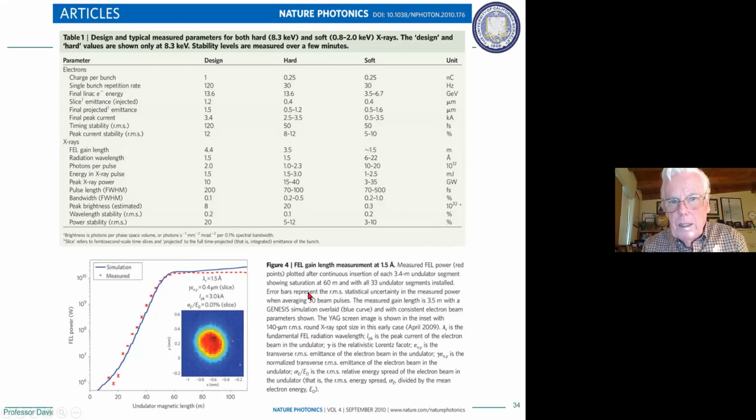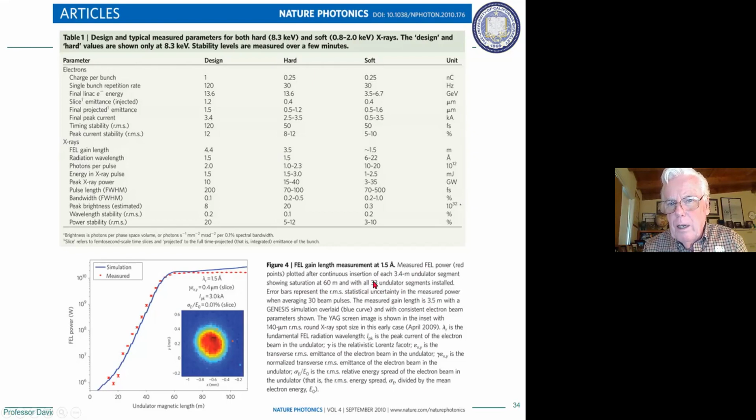Oh, here's something interesting. The undulators were, by the way, not tunable for many, many years. It's only recent that they've had some breakthrough, some new work on that. The undulator period, what is this? Each of the magnet structures that they were inserting had a length of 3.4 meters, and there were 33 of these segments altogether.